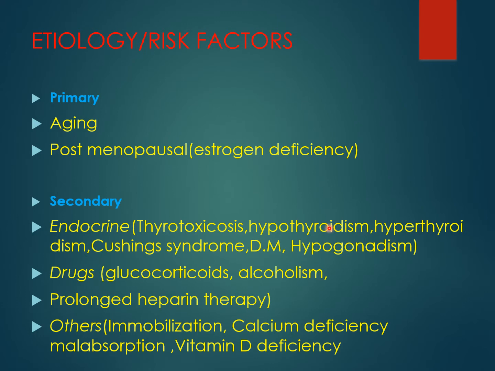You will be taught in your higher classes when we deal with these particular topics. Prolonged steroid therapy, chronic alcoholism, prolonged heparin therapy would also result in osteoporosis. Then immobilization, for example, due to trauma or disease, calcium vitamin D deficiency with or without malabsorption. They can also contribute towards secondary osteoporosis.